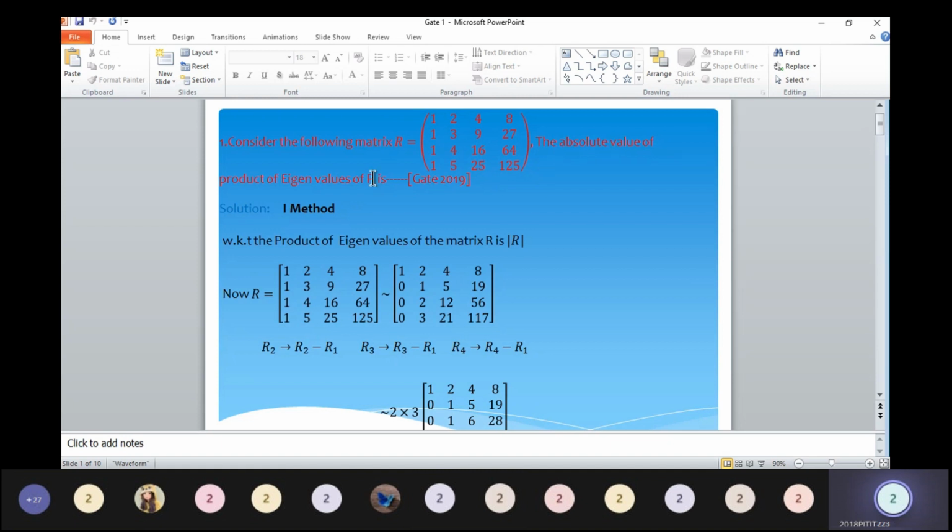Find the absolute value of the product of the eigenvalues of R. So eigenvalues, this is the eigenvalue.